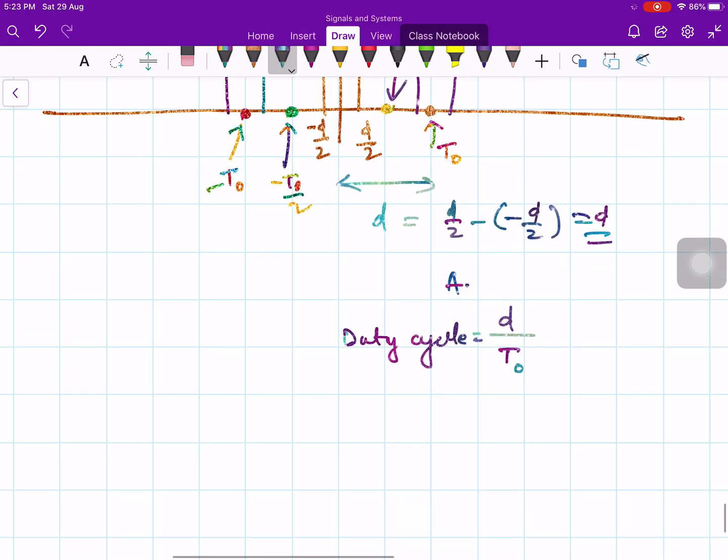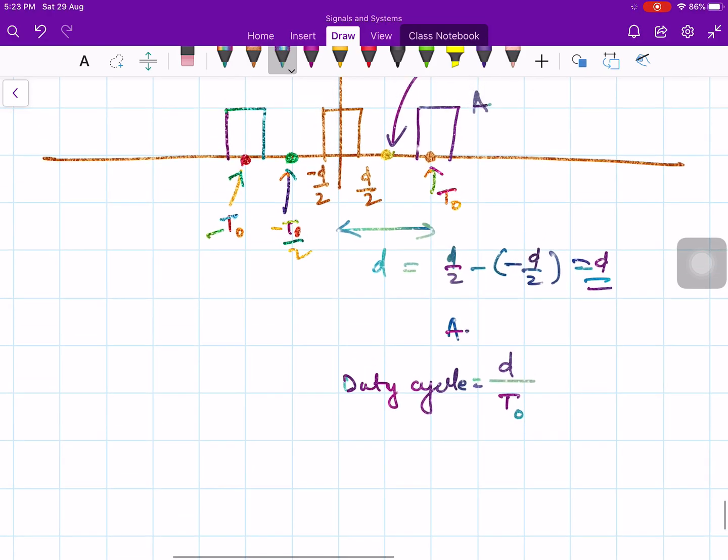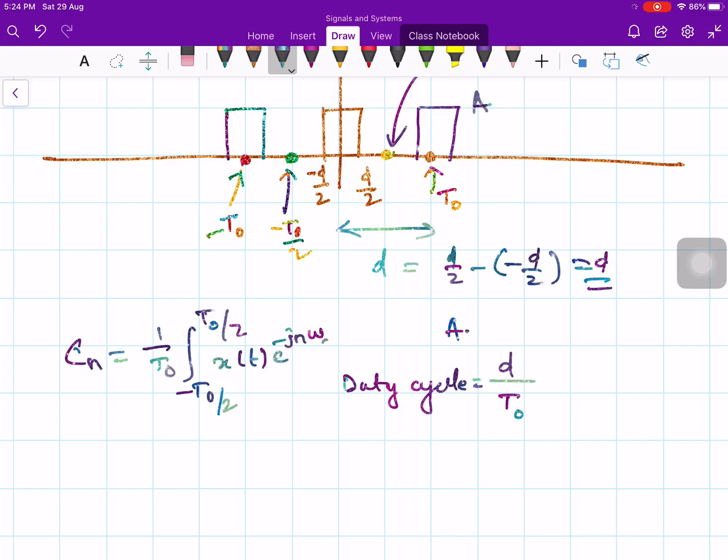So let us calculate Cn for this. What is Cn? Cn by formula is 1 over t naught, integral from minus t naught by 2 to plus t naught by 2 of x of t e to the minus j n omega naught t dt.